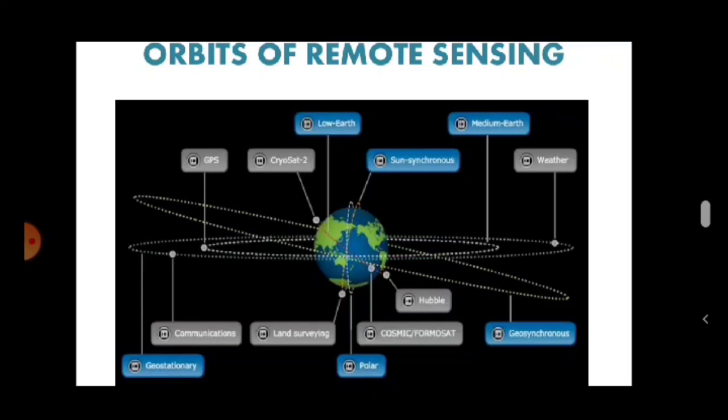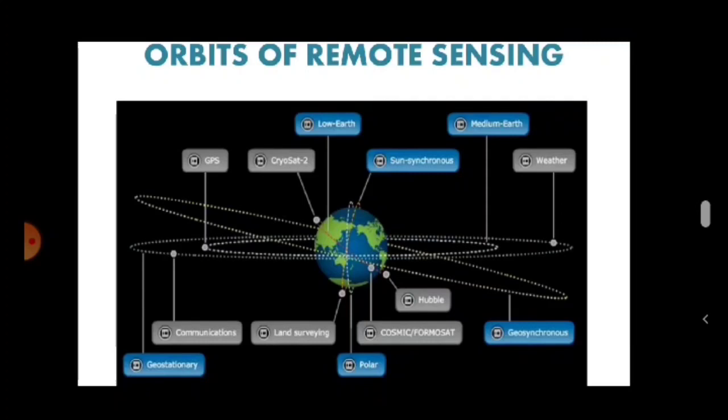Then there are some other characteristics we need to focus on when it comes to satellites. One is altitude. Another is orbital characteristics, and also inclination angle. When it comes to orbital characteristics, altitude is one, inclination angle is another, and also the period of the orbit, or orbital period, and also the repeat cycle.